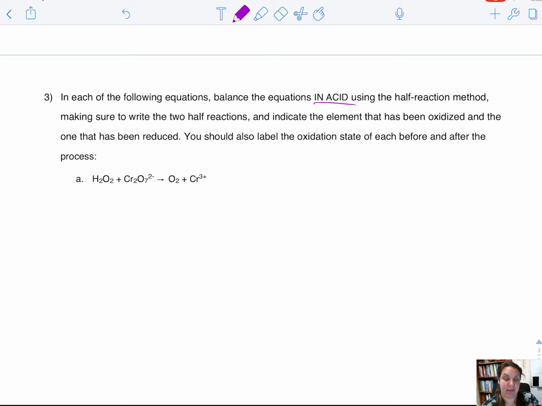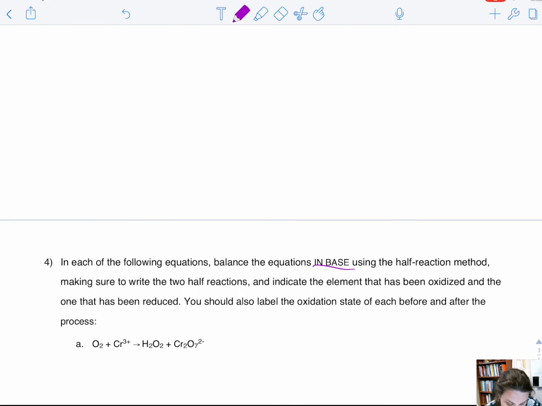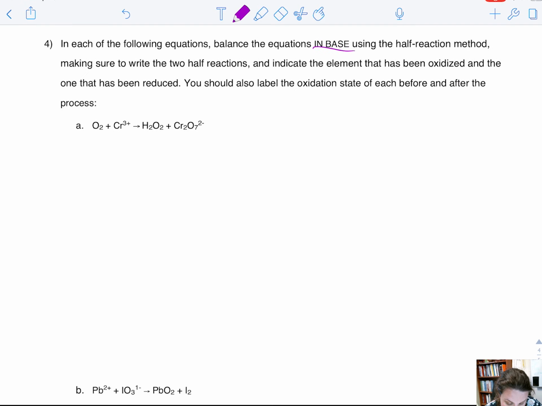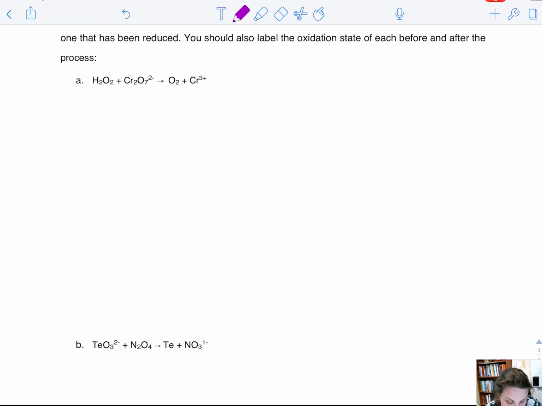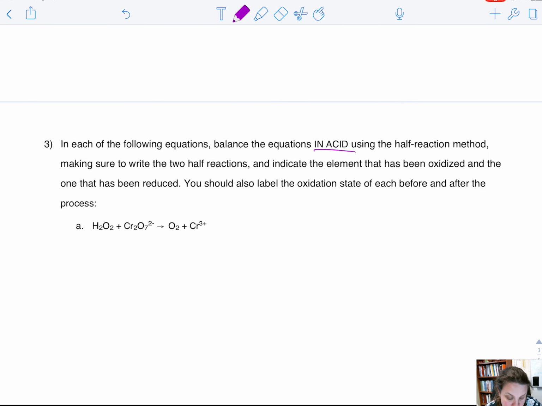Okay, as I said in class, the only time that you're going to have oxygen changing oxidation state is if it's in a compound in one state and then in elemental form. So here we have a compound oxygen going to elemental oxygen. So that's obviously changing oxidation states.